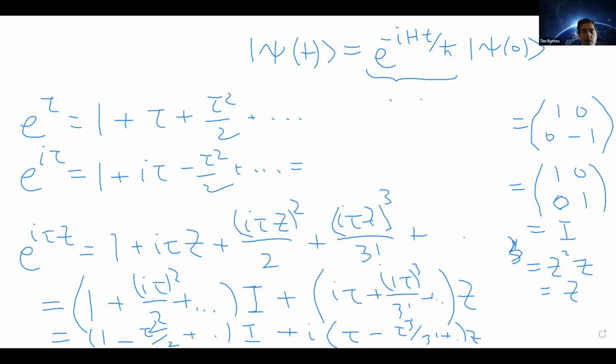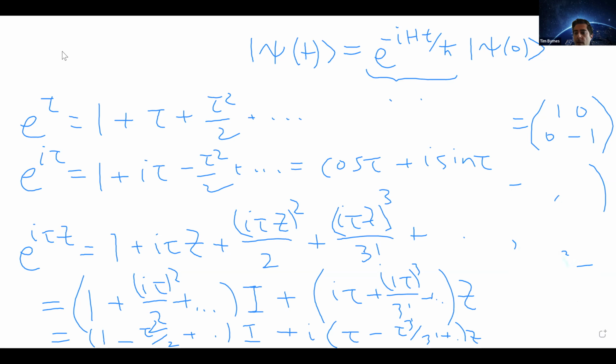And as we know, this thing can be written as cosine tau plus i sine tau. And cosine tau only has even powers of tau, right? So if you do a Taylor expansion of cosine, it gives exactly this stuff here.